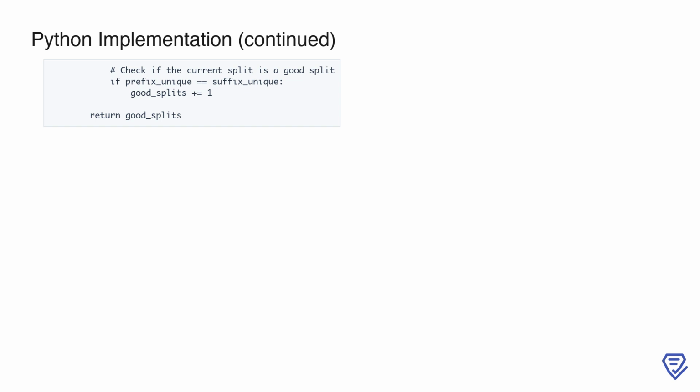This process continues for each character in the string, ensuring that all possible splits are evaluated. Finally, once the loop completes, we return the total count of good_splits as the result. This approach ensures that we efficiently calculate the number of good splits while maintaining clear and concise logic.